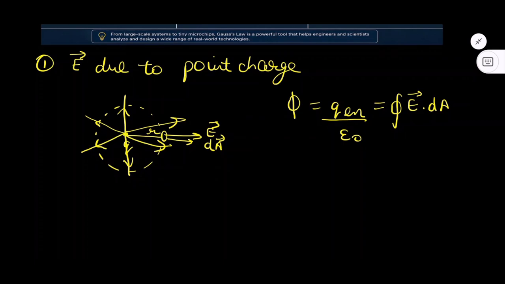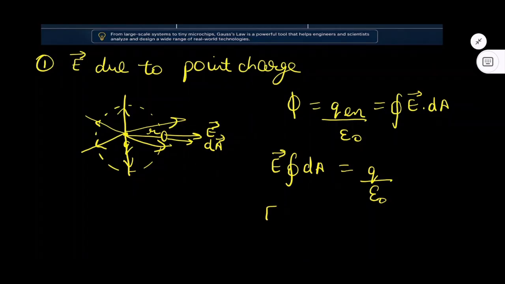We have a uniform electric field, so we can take it out of the integration. Now the integration will be of dA, and that is equal to charge enclosed upon epsilon naught, right? So we know the surface area of the Gaussian surface, that is 4 pi r square.